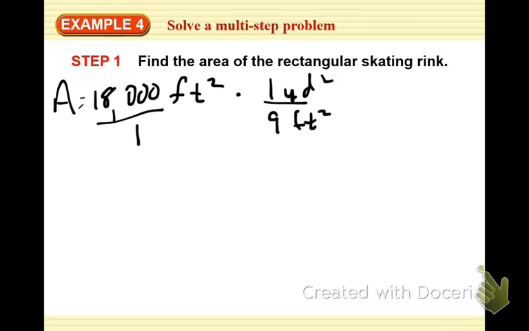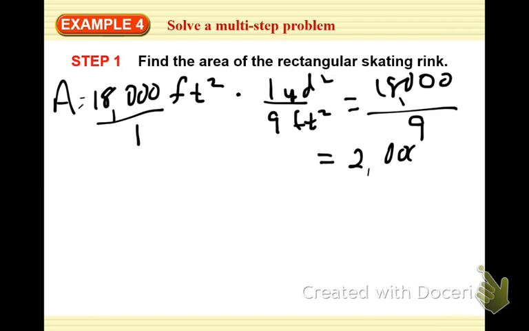So we multiply straight across, and all we're going to get is 18,000 divided by 9, which is 2,000, and now we're in square yards because these square feet will divide out. Now, the question didn't ask how many square yards are in this rink.